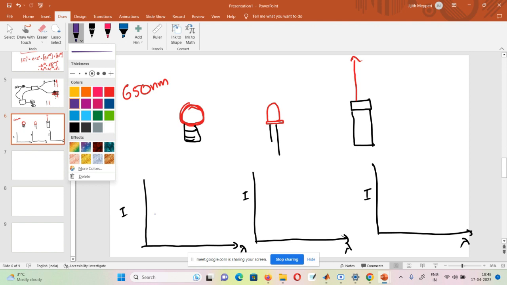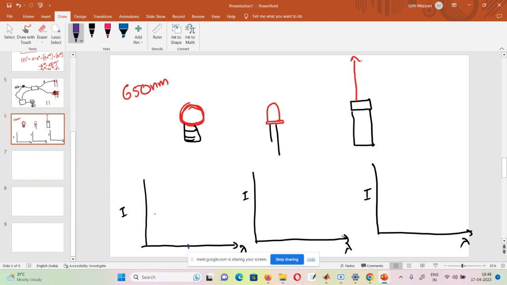I'm saying that this mid portion is 650. A normal lamp will have something like a broad curve. Even though it is 650 at the middle, it will have a lot of other frequencies coming at the sides.